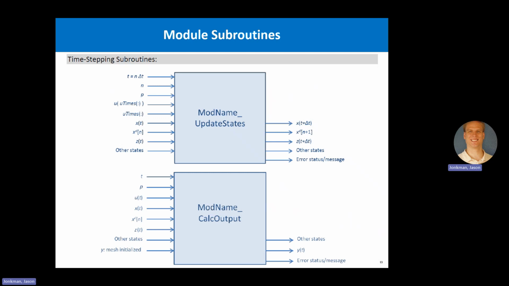So if it needs to know the n+1 value, we can call interp extrap based on that input array, and it will be able to calculate that input at that time. Again, you can see the states coming in at t, and all the states are being updated to t plus delta t. That's really what that module is doing. So all the integration happens there.